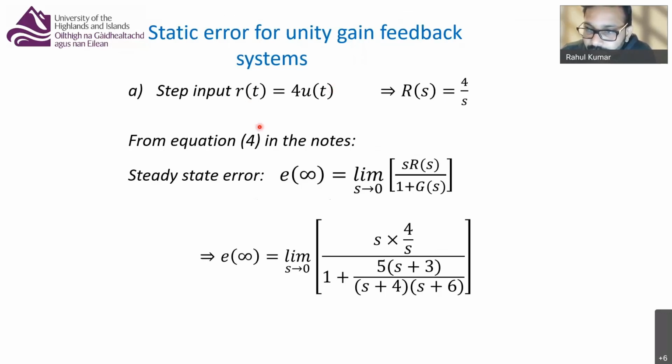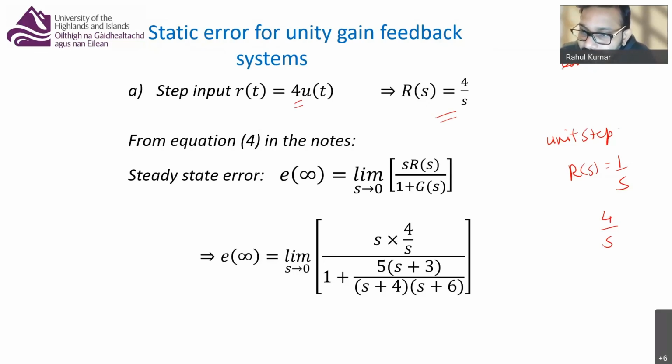And if you take the Laplace transform, because we have to use the Laplace, your input will be 4 divided by S. For unit step, your R of S is 1 divided by S. But here your magnitude is 4. So it will be 4 divided by S.